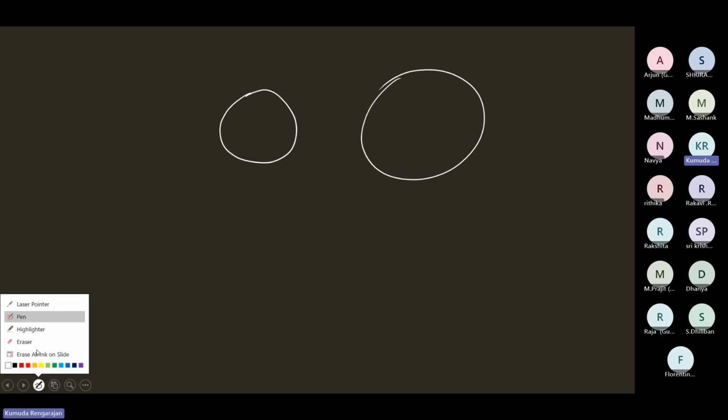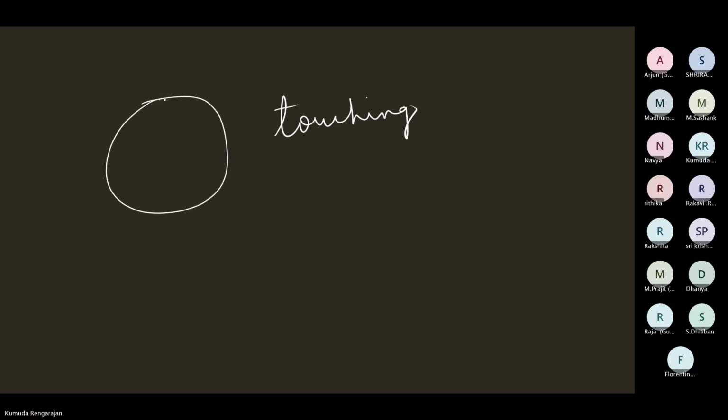Now, touching circles have exactly one point in common. Two circles can touch each other internally or externally. Internally like this.